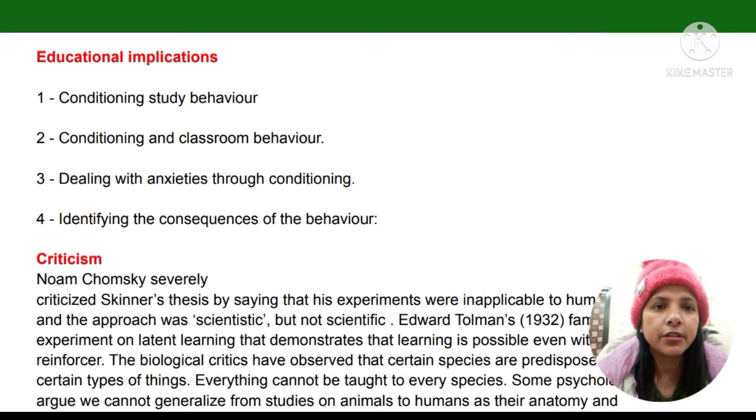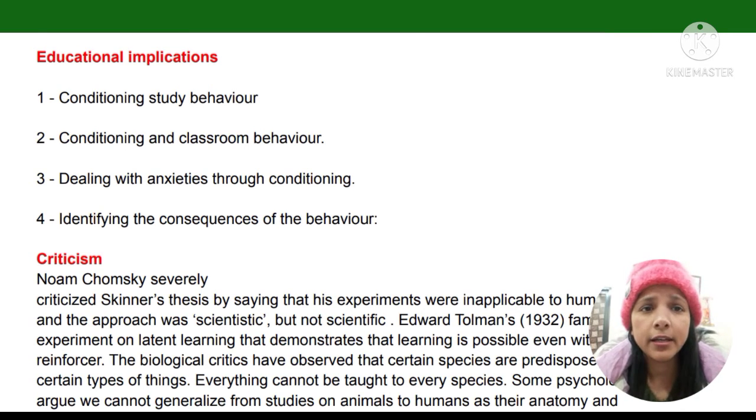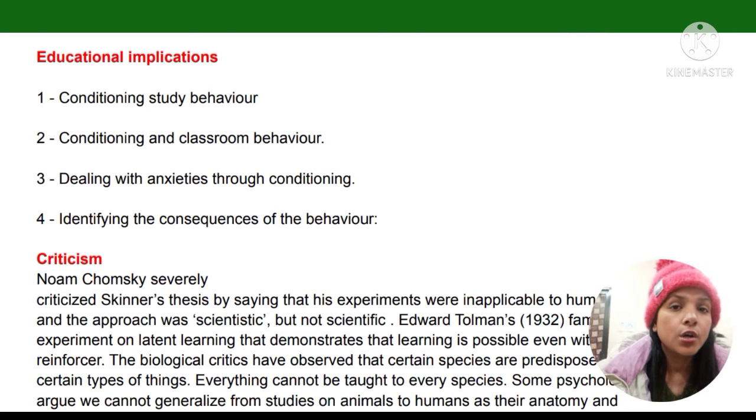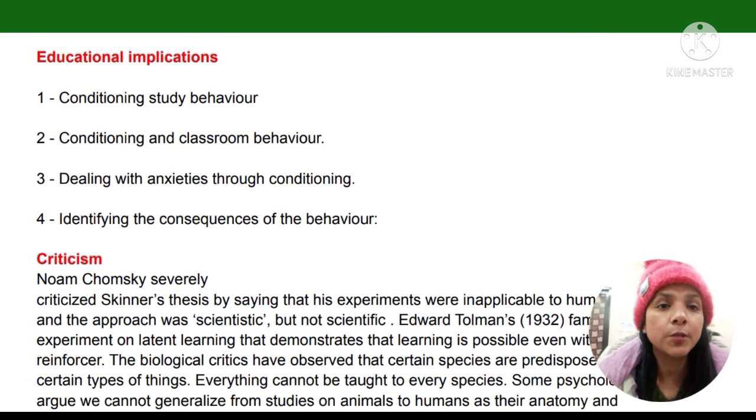Now let's see criticism. This theory has been criticized by many psychologists. Noam Chomsky criticized Skinner by saying that these experiments are not applicable to human beings, because this experiment has been done on a rat, so he says that the same thing cannot be applicable for human beings.